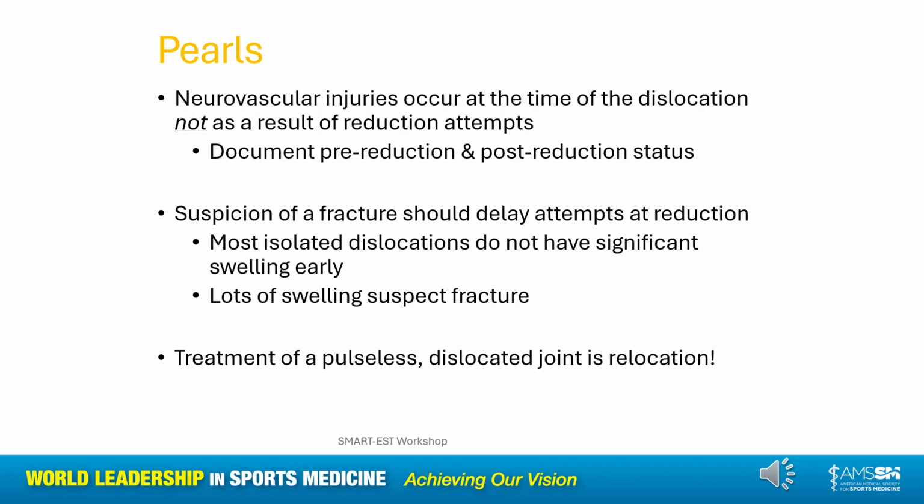Most isolated dislocations do not have significant swelling early on. If you have a joint with a lot of swelling, you should suspect a fracture and not attempt a relocation. Keep in mind that treatment for a pulseless dislocated joint is to relocate that joint and reestablish normal neurovascular status.